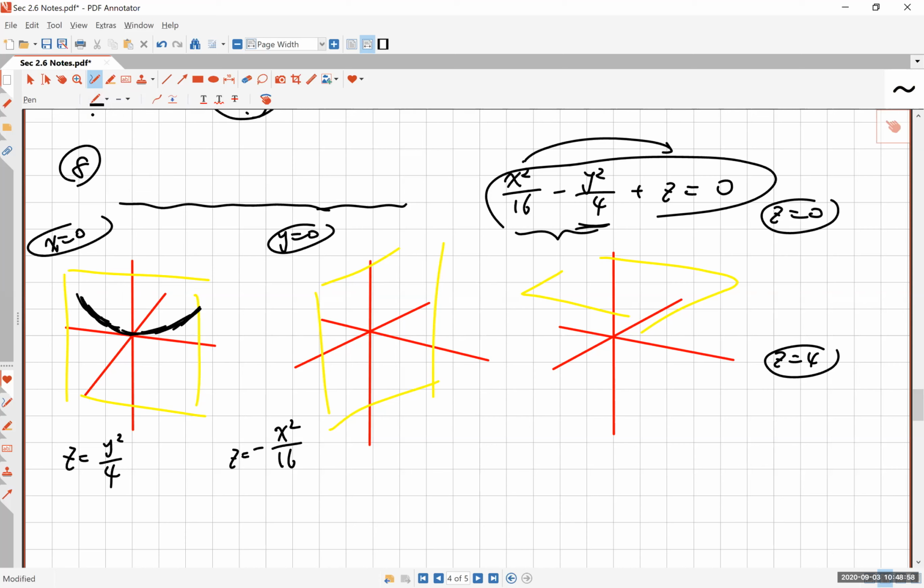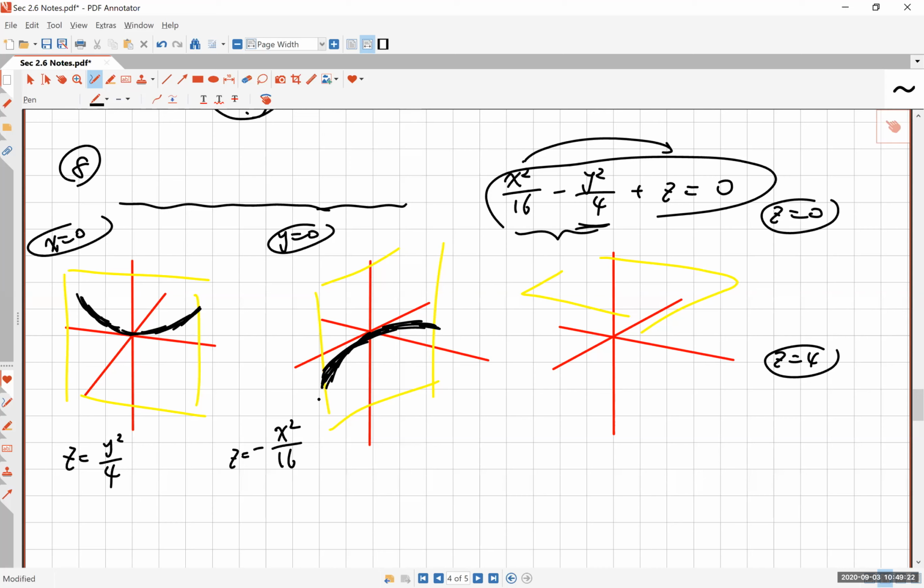And if you cross the surface at y is equal to 0, you get something that goes down. And this is actually an even wider parabola, right? It's a parabola on the surface of y is equal to 0, but z is negative x squared divided by 16, so it'll be a very wide parabola.